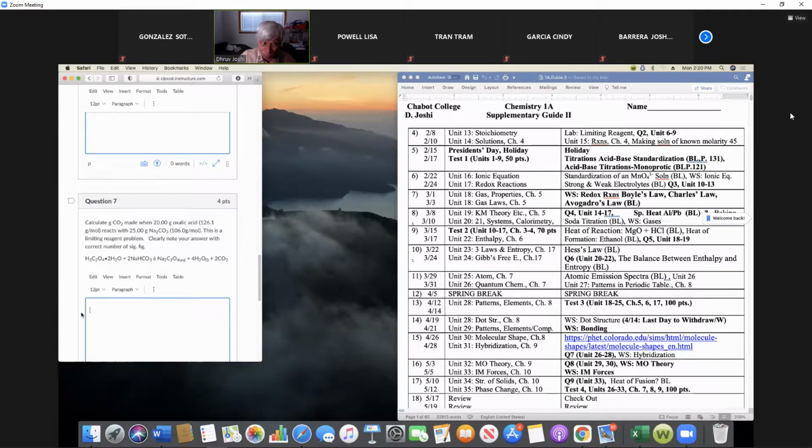You have to compare moles of oxalic acid to moles of oxalic acid. So you go grams of oxalic acid to moles of oxalic acid. You stop over there. You take the grams of sodium carbonate. You convert that into moles of sodium carbonate. Then you convert that into moles of oxalic acid, and then you compare these two.